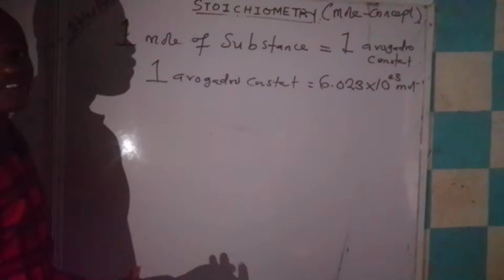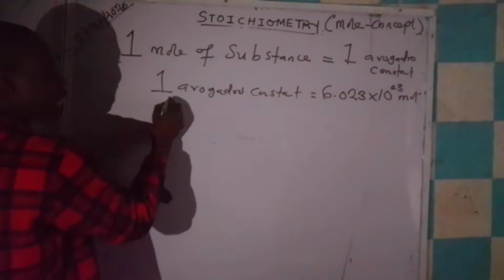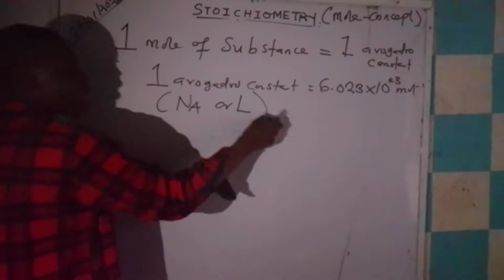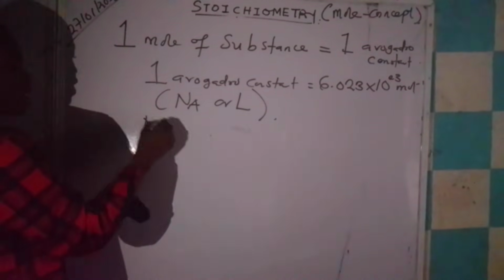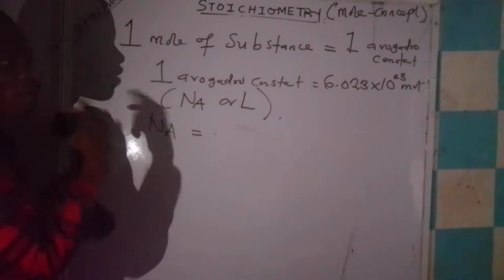That's the unit of the Avogadro constant, per mole. The Avogadro constant can be represented as Na, or capital N. That means anywhere you see Na, they are talking about Avogadro's number or Avogadro constant.